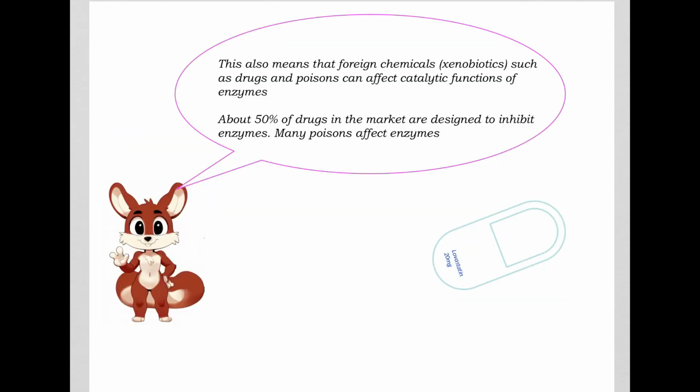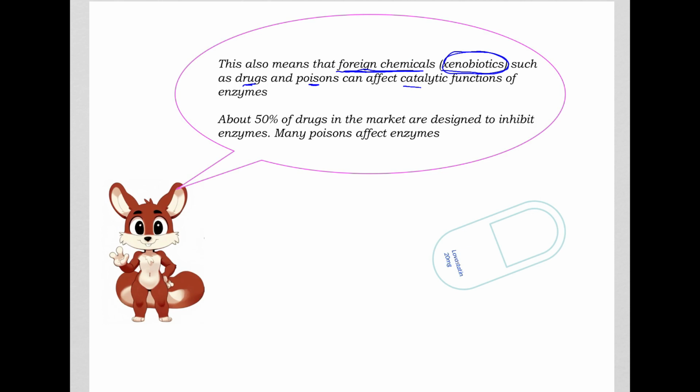So since enzymes can be regulated by binding of small chemicals, this means that when we introduce foreign chemicals into the body, what we call xenobiotics are chemicals that are foreign to the body, for example, drugs and poisons, these foreign chemicals can also affect the catalytic functions of our enzymes.